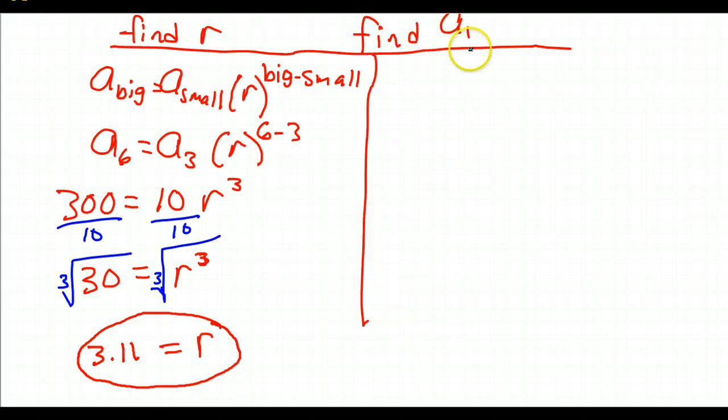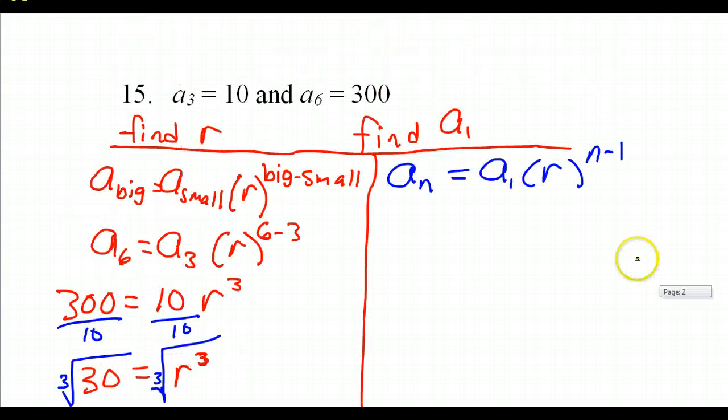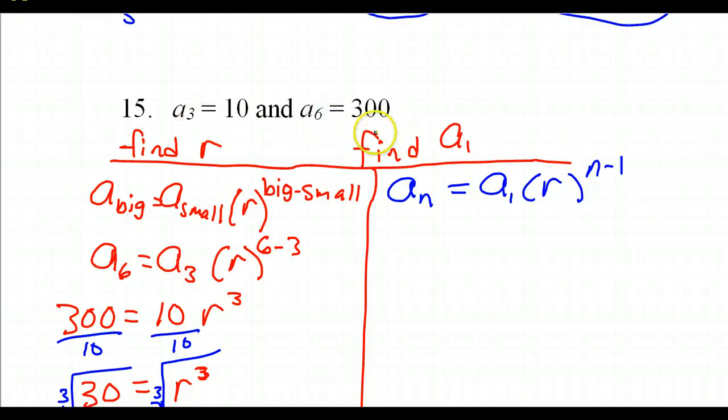Now we need to find A1. When we go to do A1, we're going to go back to this version of the formula: AN is equal to A1 times R to the n minus 1 power. Now remember, you get to pick which one of these you want to use. I usually just use the smaller one because it's smaller.